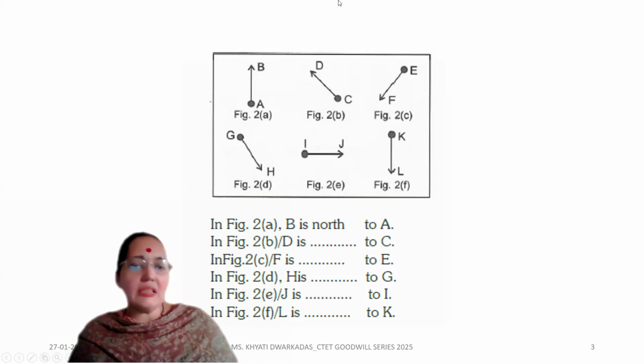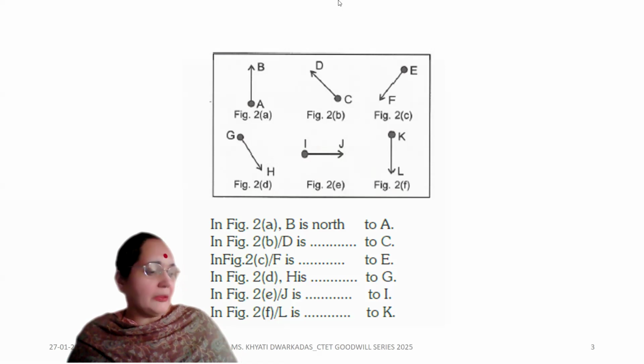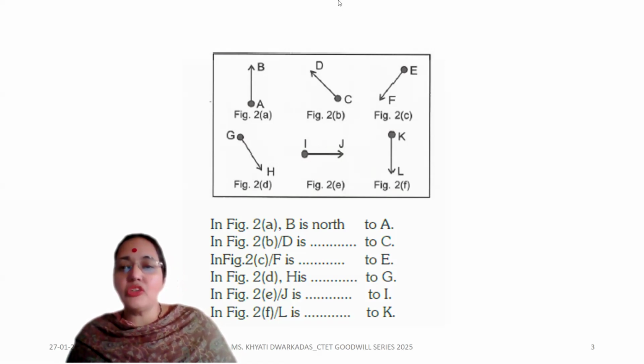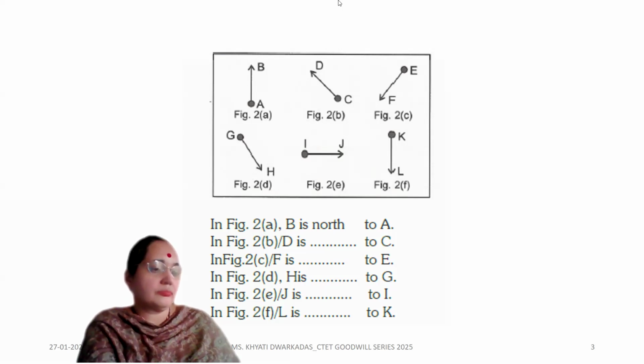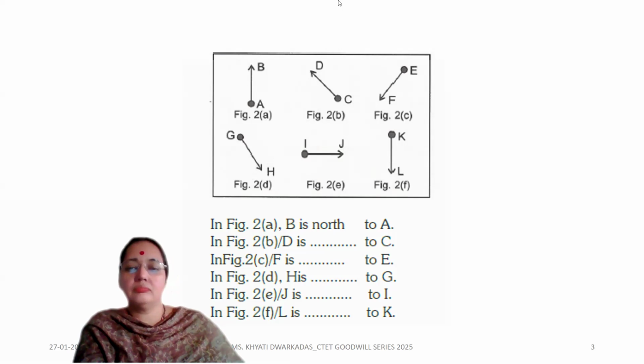So Ruby ma'am says it is northwest. Very good, Ruby ma'am. Congratulations. And what about, yes, Soraya ma'am, congratulations. In figure 2C, alphabet F is dash to E. Perfect, Ruby ma'am.